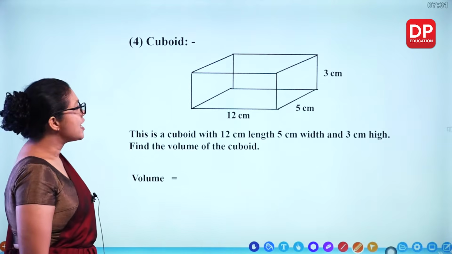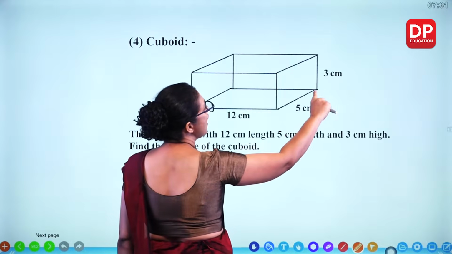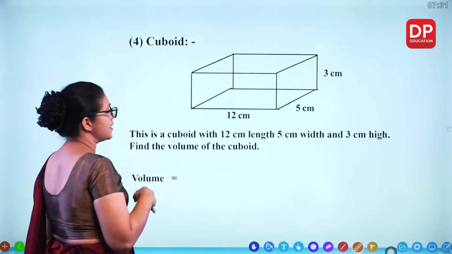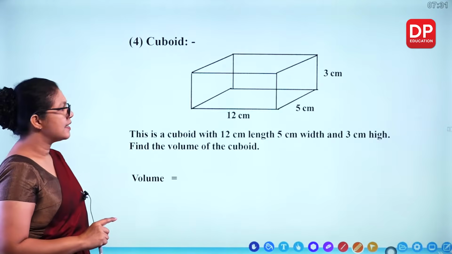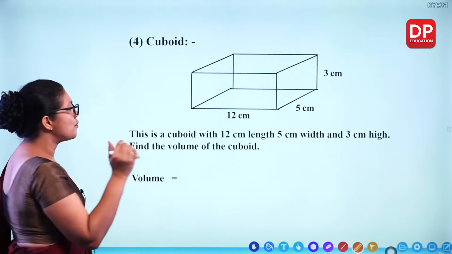What is this shape? Cuboid. You get 12 centimeter length, 5 centimeter width and 3 centimeter height. You are asked to find the volume of that. Think about 1 centimeter cubes.